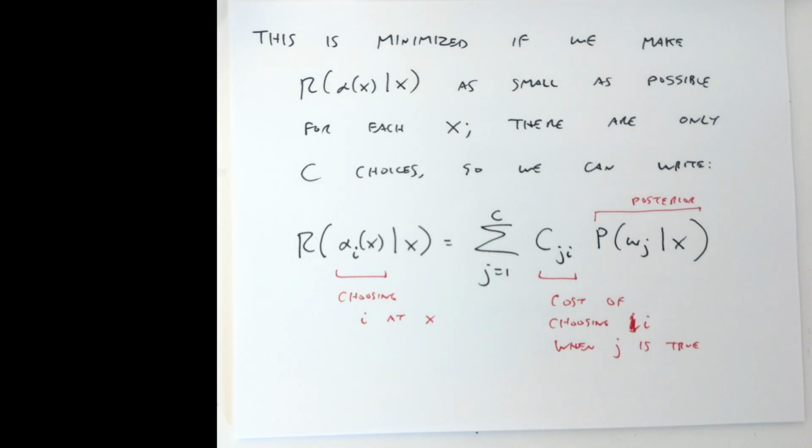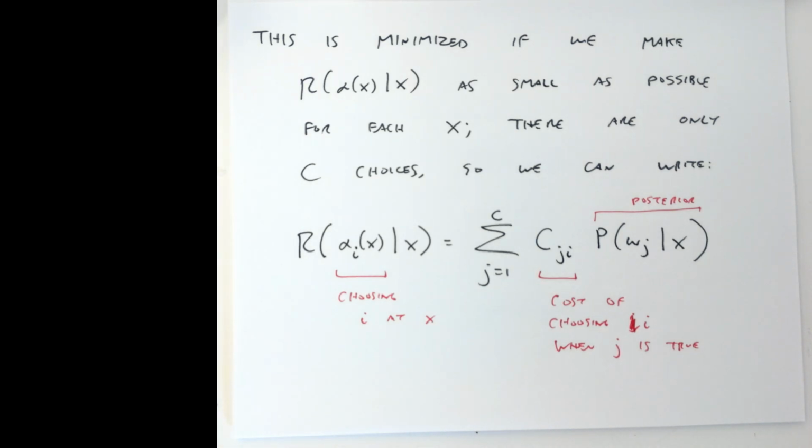So this is like saying, what would the overall downside be of choosing i? Well, I have to look at the capital C possible states of nature. It could be class 1, class 2, class 3, all the way up to class whatever. And for each of those possible situations, I have a set of basically C numbers. It says, what's my cost? So in the 2-class case, we have the cost of a normal bag versus explosive.